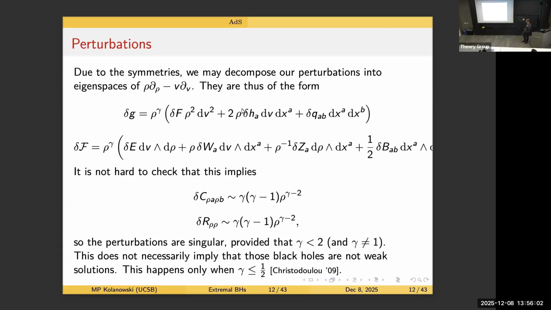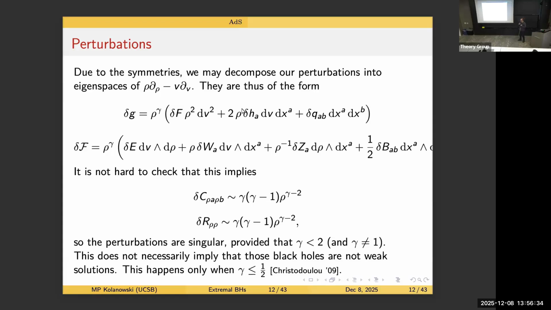And for people who like math, this does not necessarily mean that these black holes cannot be made into sensible solutions to Einstein's equations, because even though they have some singularities, you could think about the Einstein-Maxwell equations in a distributional sense, and then there would be a hope that these are still valid solutions as distributions, so to the weak problem.